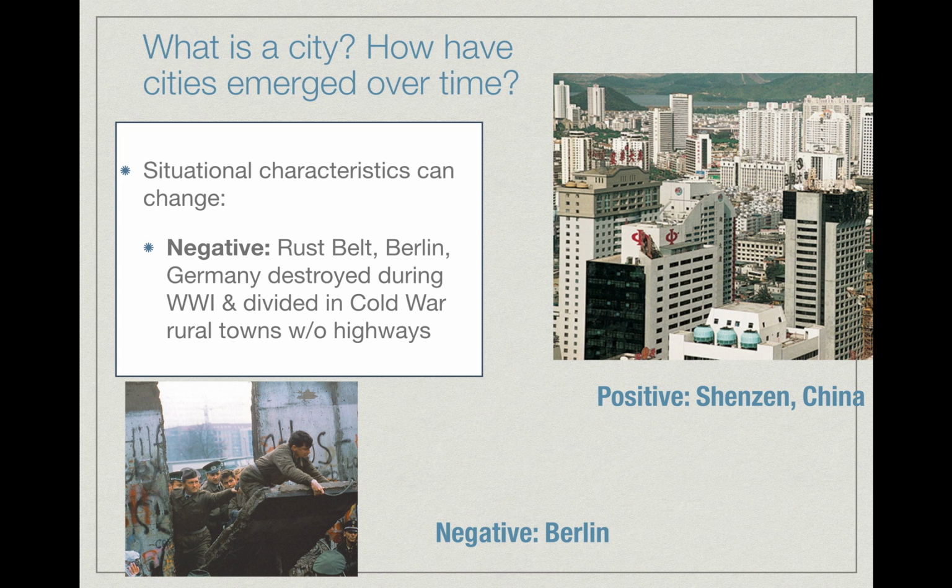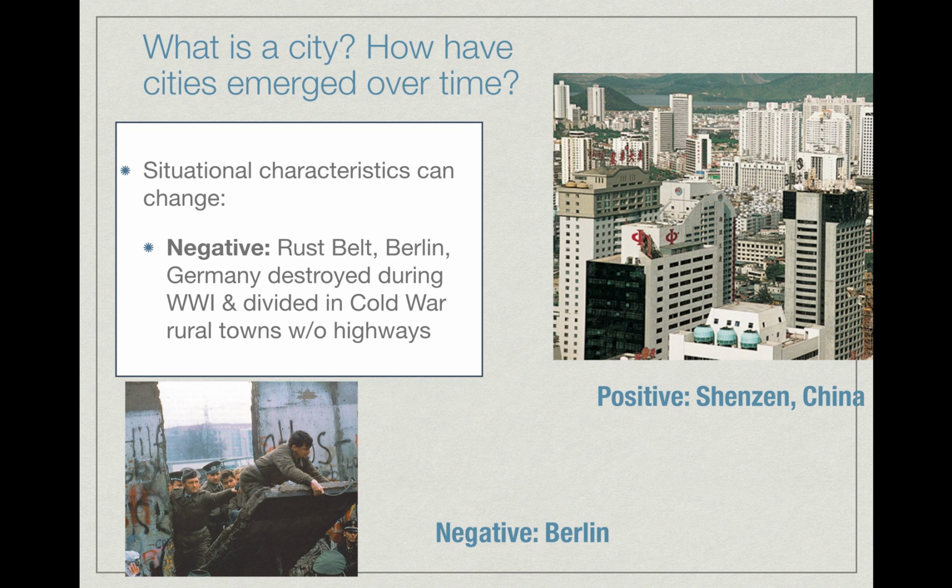In Berlin, Germany, the city was destroyed during World War II and divided during the Cold War. What this ultimately demonstrates again is that what can at one time be an advantage can in turn be a disadvantage over time.